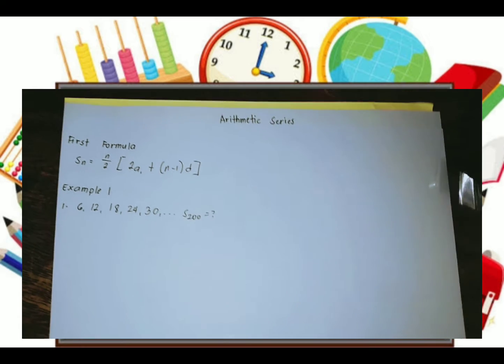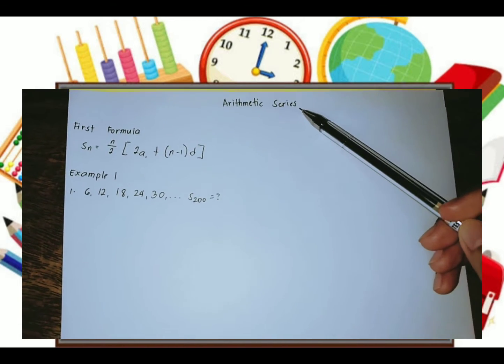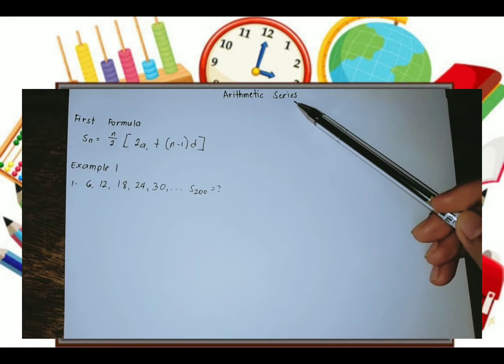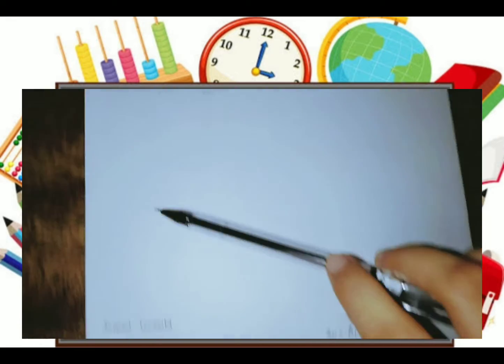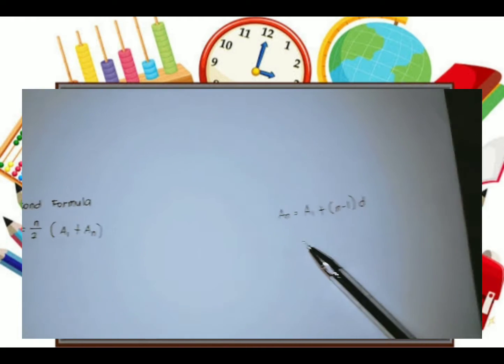Now we have two examples of arithmetic series, and we have two formulas that we will use, the first formula and the second formula, and also the formula for finding a sub n.